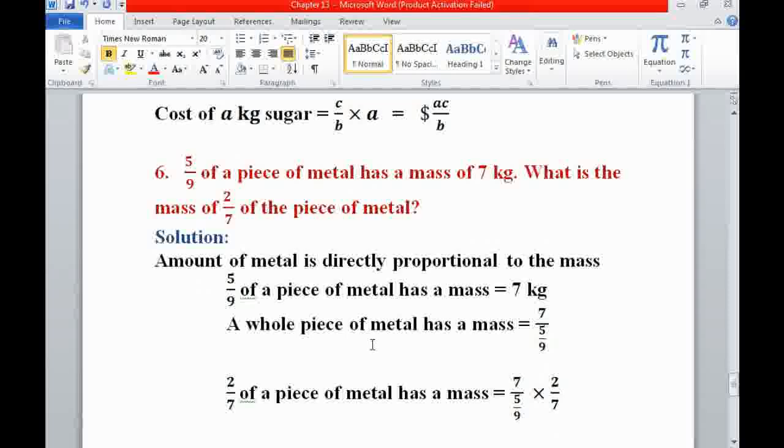So the mass of the whole piece of metal can be written as 7 upon 5 upon 9. After finding this, let's find the mass of 2 upon 7 of the piece of metal, or we will write this as the fraction 7 upon 5 upon 9 multiplied by 2 upon 7.